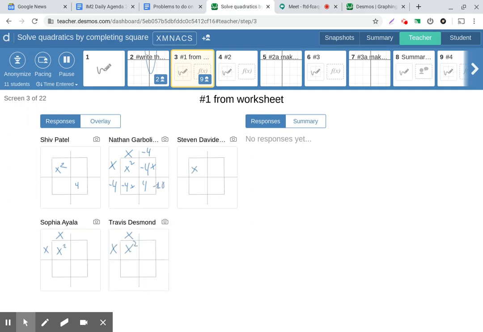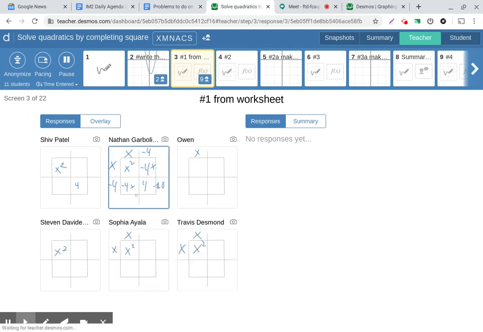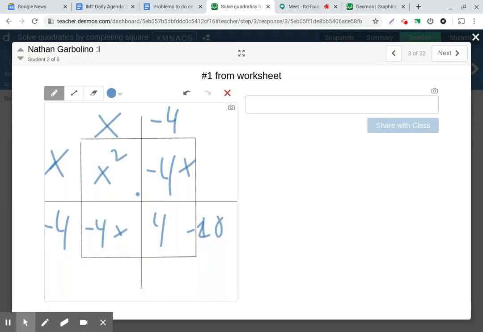All right, I'm taking a peek. Okay. Let me look at Nathan. Let's see. So -4 times -4 is actually 16, Nathan, inside the square. And then that means we're going to subtract 12 because we want 16 to become 4.